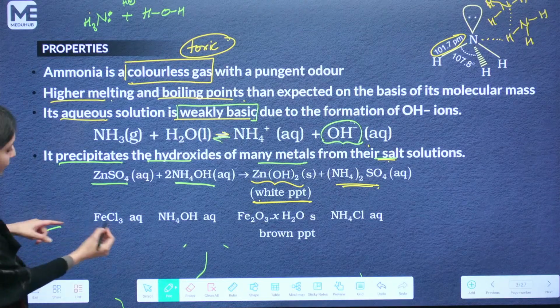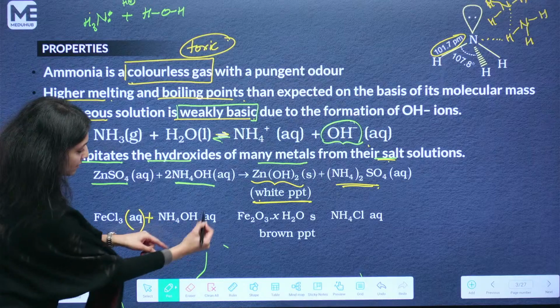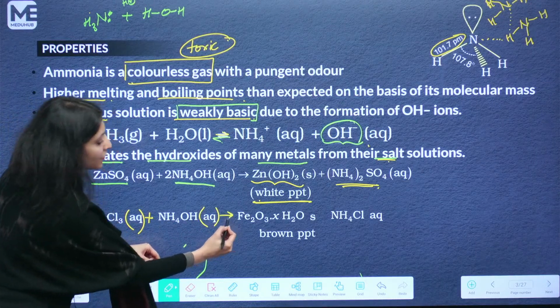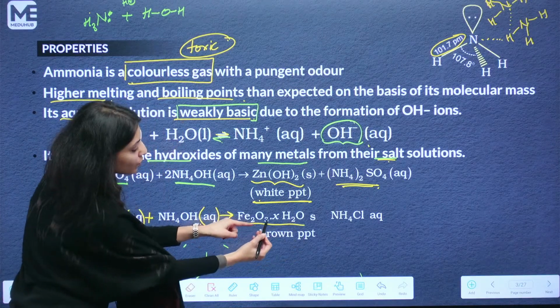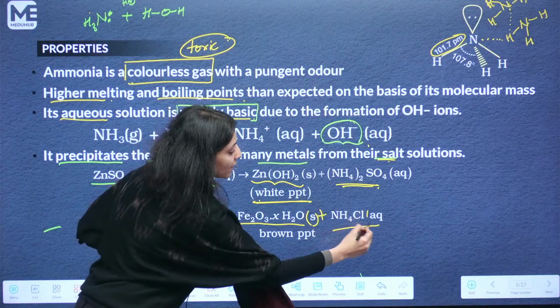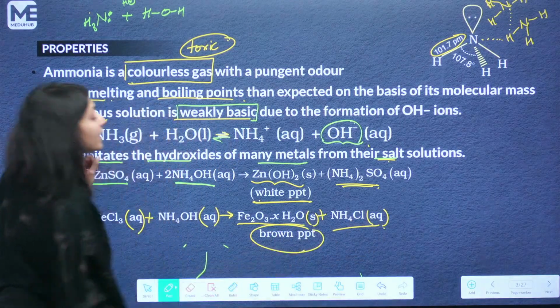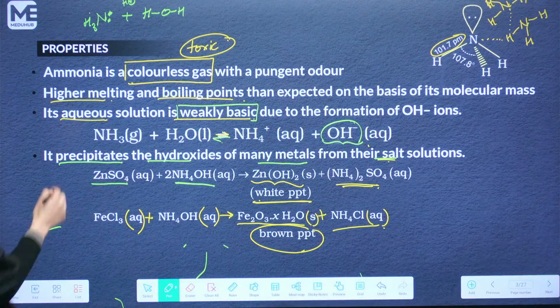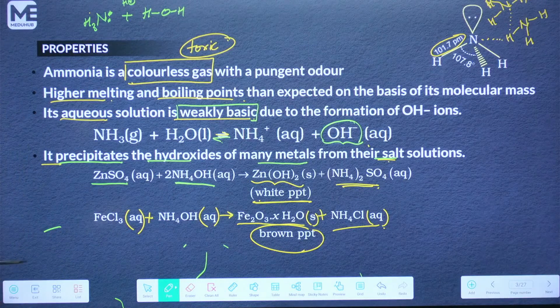Also, we have FeCl3 reacting with ammonium hydroxide. It gives the hydrated oxide of iron, Fe2O3.xH2O, solid, plus ammonium chloride, aqueous. This is a brown precipitate. So because ammonia is weakly basic, it precipitates the hydroxides of many metals from their salt solutions.